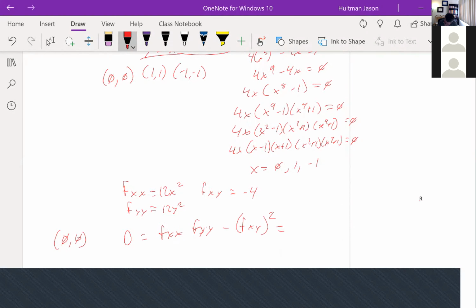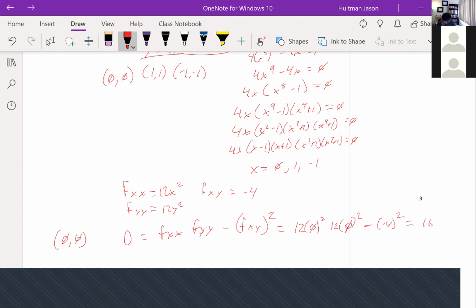So what's this going to be? Plug in the 0. So this is 12 times x squared, but x in this case is 0, times 12 times y squared, which is 0. Minus negative 4 squared.